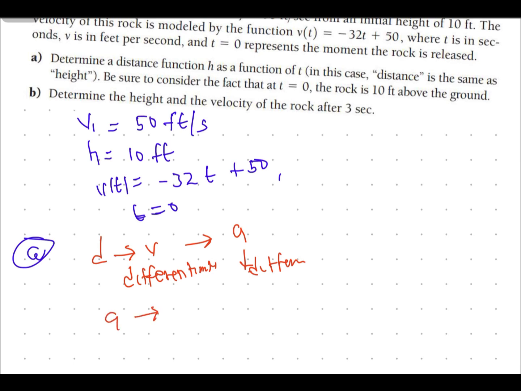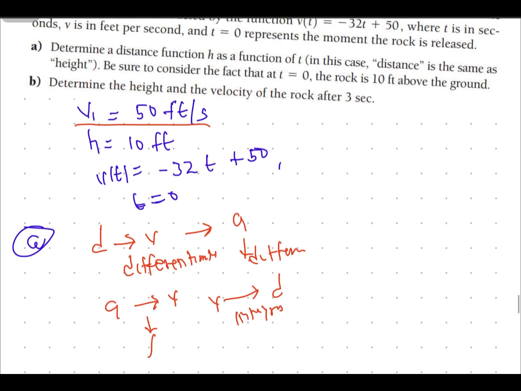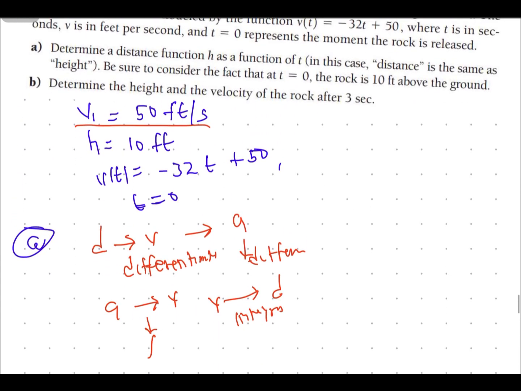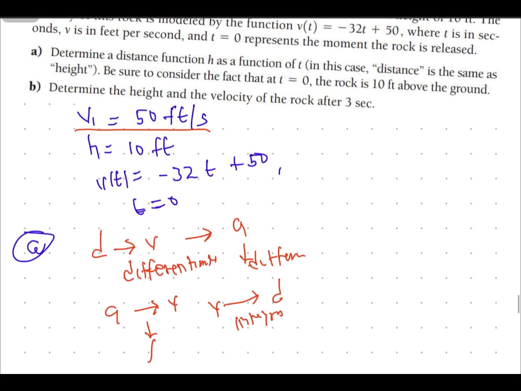But from acceleration to velocity, we integrate, and from velocity to distance, we also integrate. Now we have our function in velocity, and they want us to find a distance function, so from velocity to distance we need to integrate. This is one of the applications of integration.